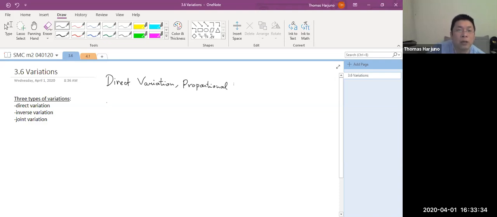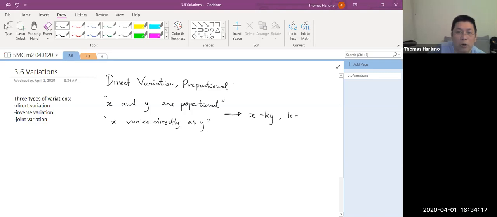The phrase will be, for example, X and Y are proportional, or we may also say X varies directly as Y. When we see this phrase, it means X is a constant multiple of Y, where the constant multiple, the K there, is called the coefficient of variation or constant of variation.